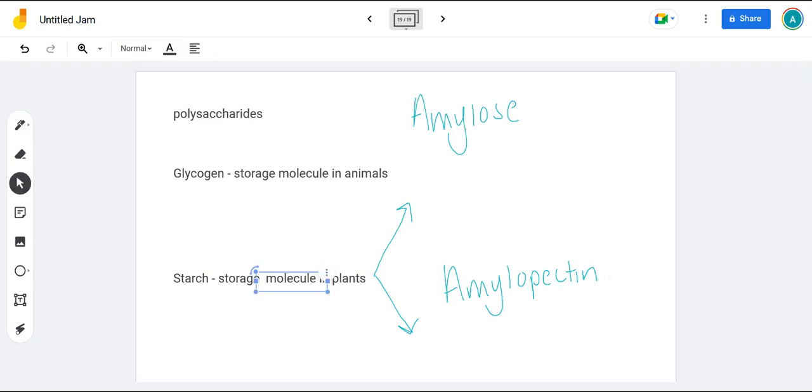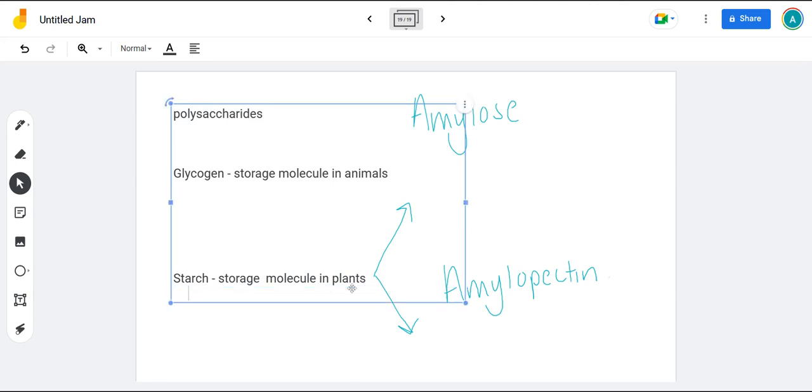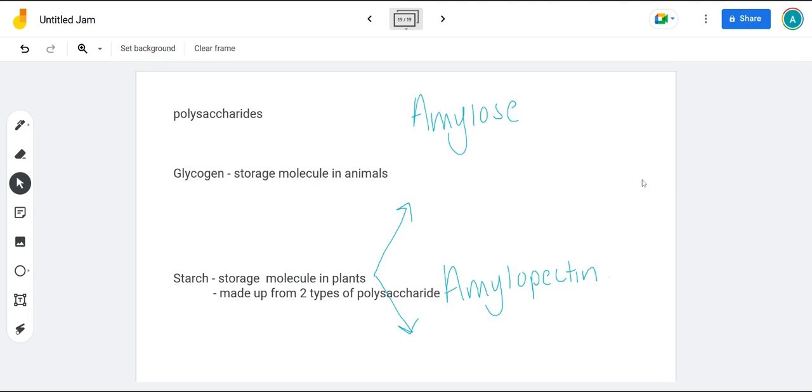Okay, so let's add on to here. It's made from two types of polysaccharide, and our two types are amylose and amylopectin.